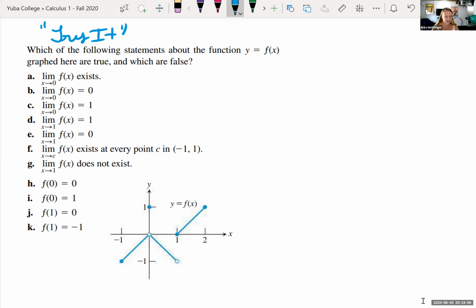So do you think that's true? Say yes. If you think it's false, put no in the participant chat. So true or false? The limit as x approaches 0 exists.